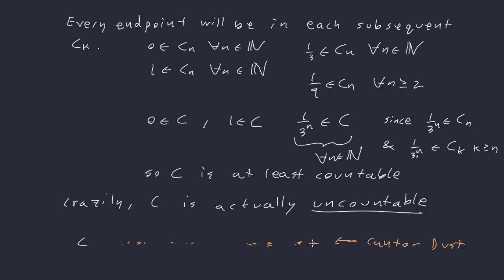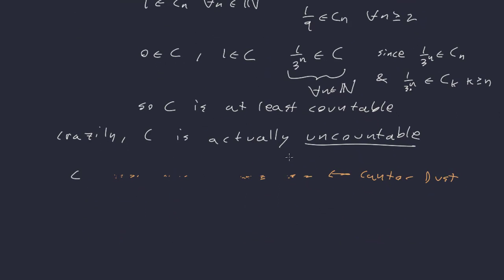Okay, so how can we show that C is countable, or sorry, uncountable? It's hopefully fairly clear that it's countable. To show that it's uncountable is actually kind of clever.